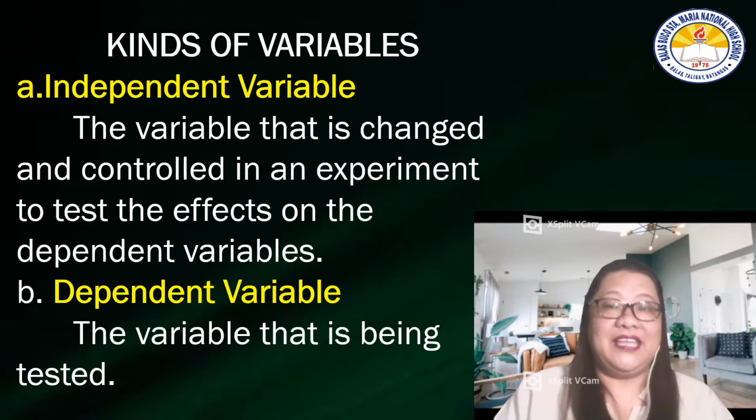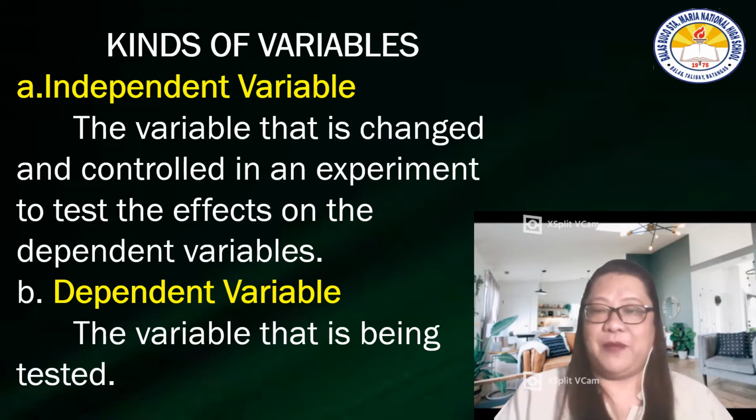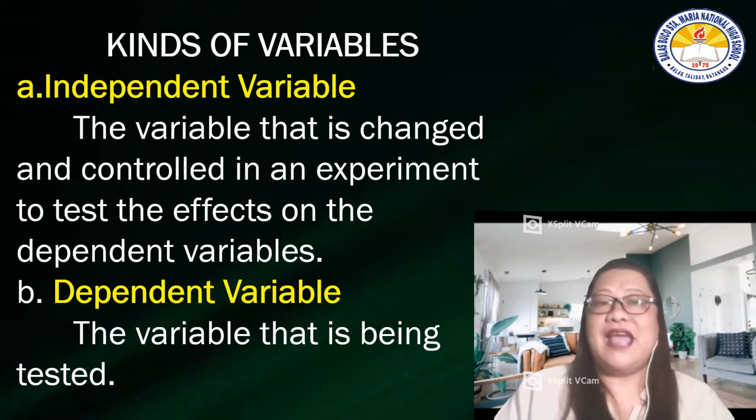First, independent variable. Second, dependent variable. An independent variable is the variable that is changed and controlled in an experiment to test the effects on the dependent variables. And the dependent variable is the variable that is being tested.